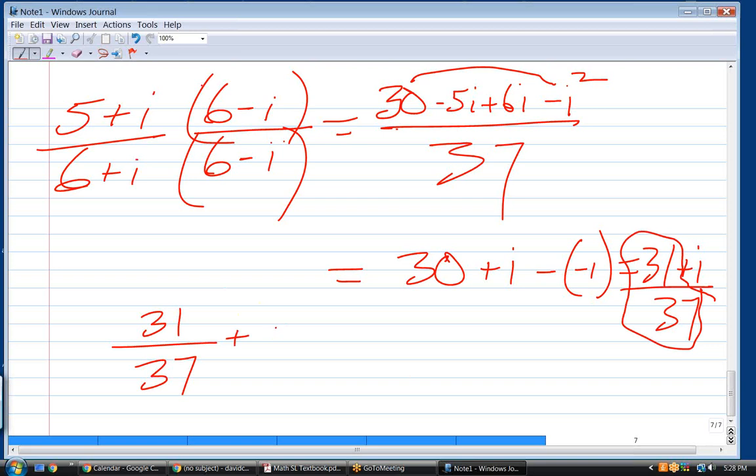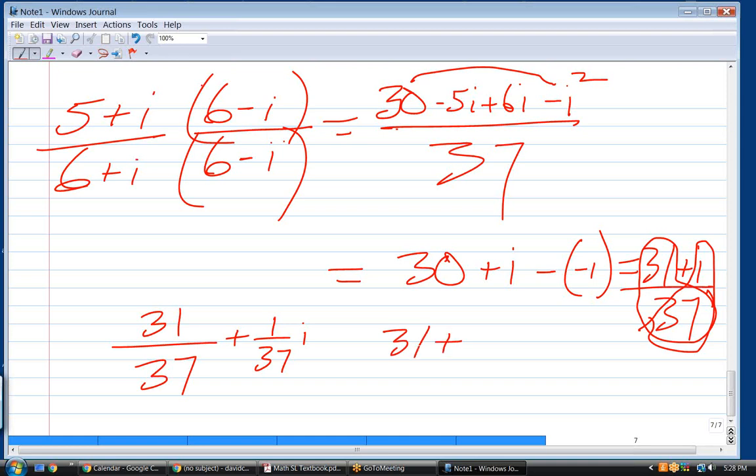Plus I. No. Plus 1 over 37 times I. In other words, what you're doing is you're splitting this fraction up into two pieces. Same way as if I had 31 plus x all divided by 37 is the same as 31 divided by 37 plus x divided by 37, or 1 over 37 times x.